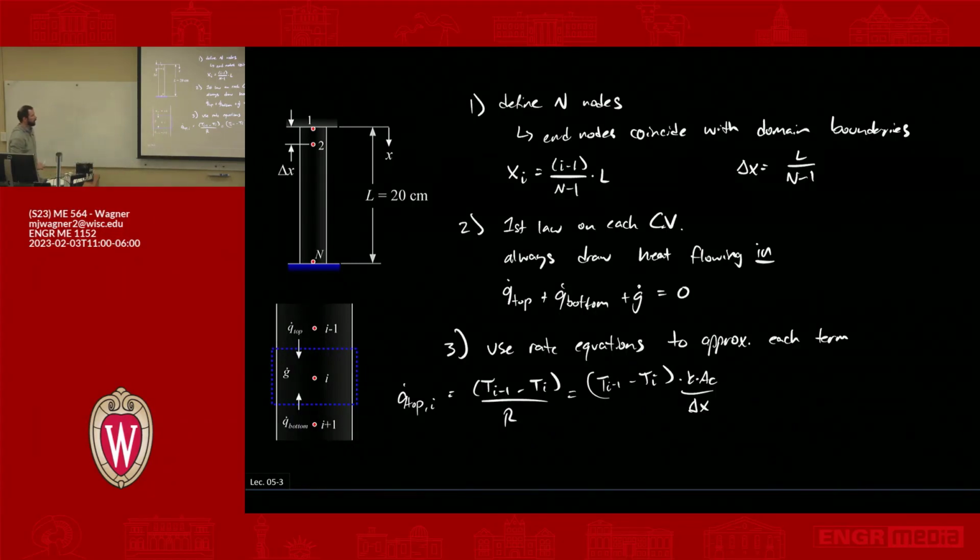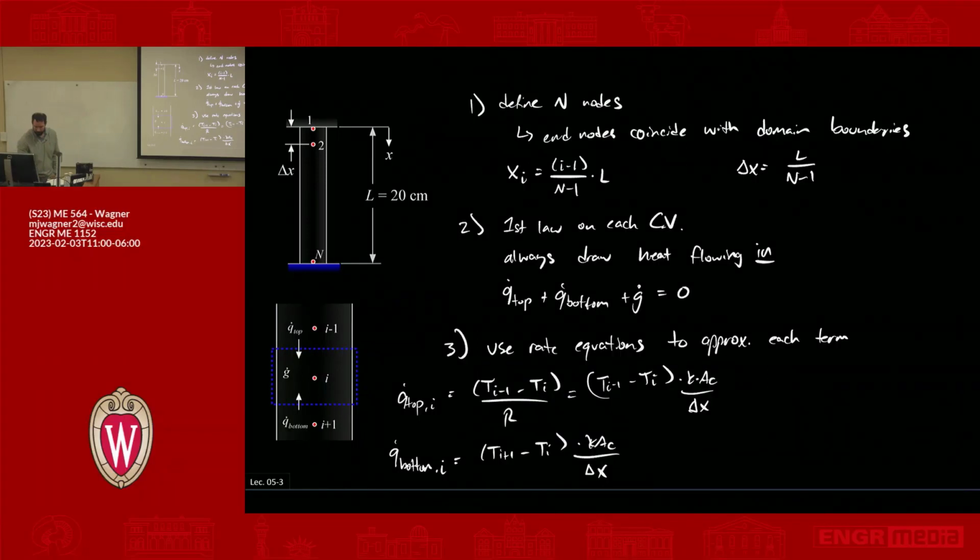Okay. So that's Q dot top. Let's see, Q dot bottom, I, is very similar. The only difference is we have Ti plus 1 minus Ti, times KAC over delta X. This is basically the same thing. It's just that we're starting at Ti plus 1 and then going to Ti.